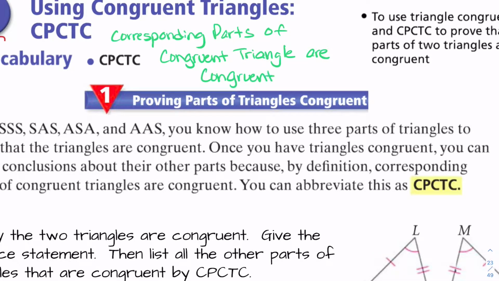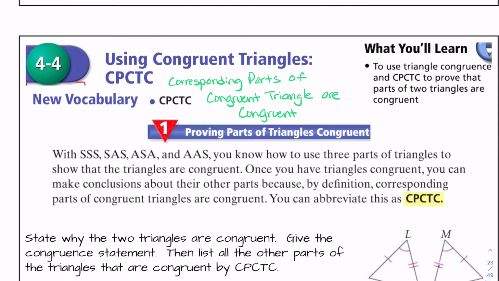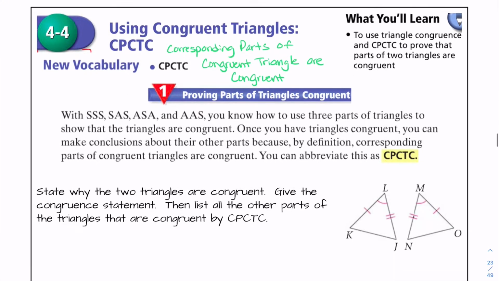What it means is if you prove two triangles congruent by, let's say, side, angle, side, that means that all of the other sides and all of the angles are also congruent. So you have 6 congruent parts, 3 of them angles, and 3 of them sides. And so all we're going to do is use CPCTC.